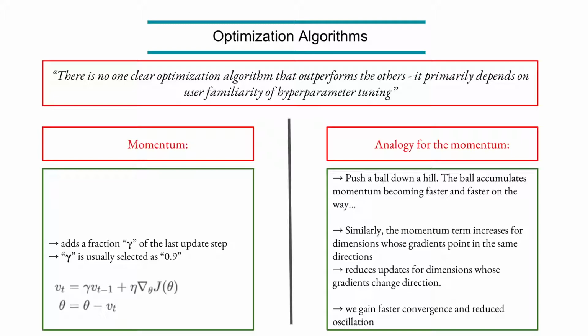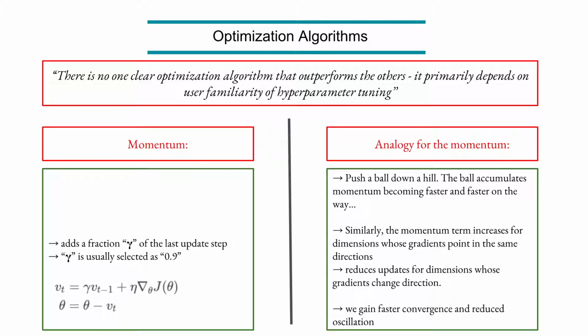So momentum solves this issue by slowing down the learning rate when reaching the local minima. Basically, when we push the ball, it accumulates momentum, becoming faster and faster on the way.